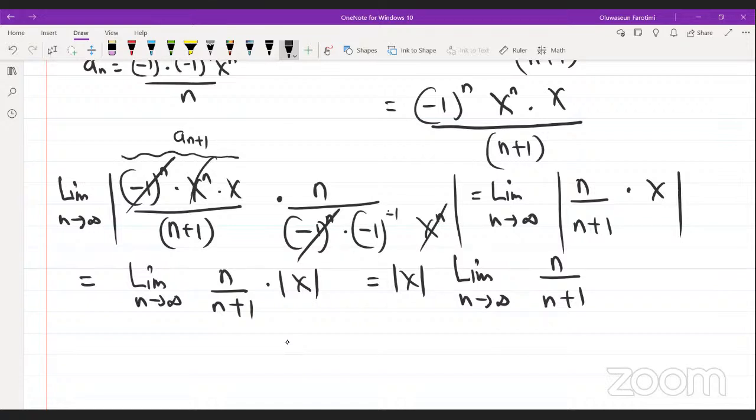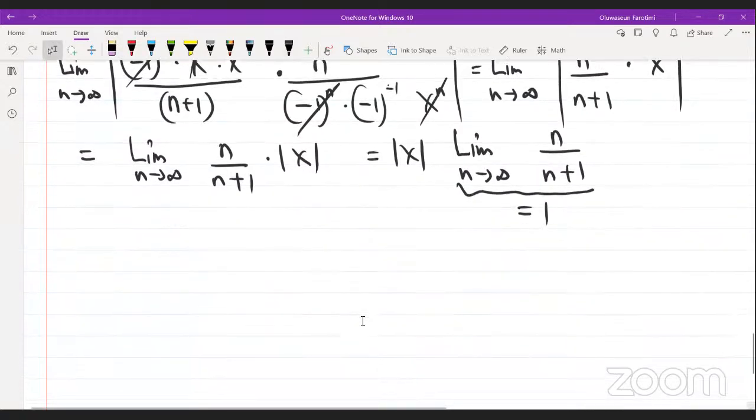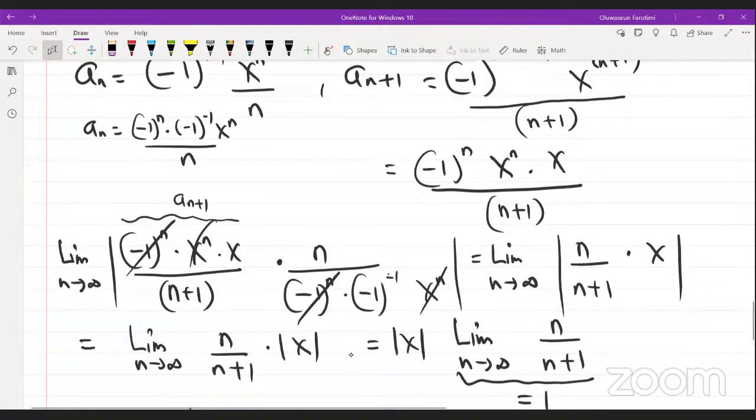That's what I mean by that statement. But this limit equals 1. So the whole of that work only gives us absolute value of x. Now, keep in mind that you use the ratio test. Okay, so let me say, using the ratio test.